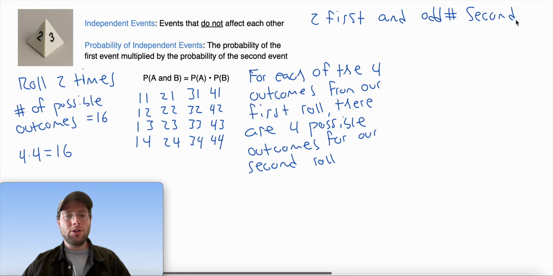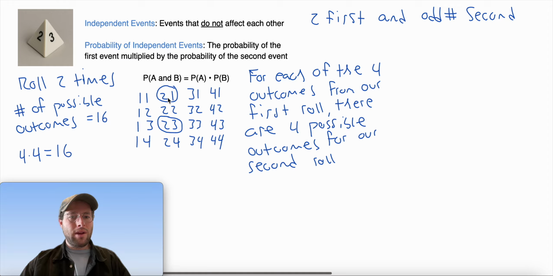Let's do this first by calculating it using the probability of A and B. We're going to look at the sample space here and try to find where we have a 2 first and an odd number second. Looking here, we can notice that that is right here, 2 first, odd number second, and also right here.